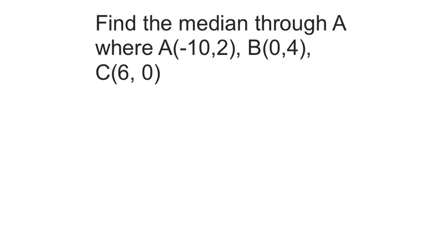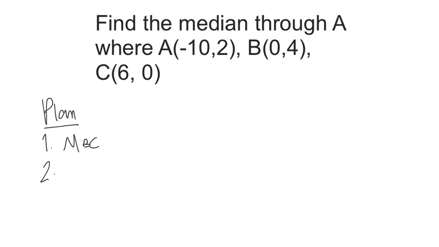So reading through this, I'm asked to find the median through A, and these are the 3 points of my triangle. Once again, I'm going to write a plan, and it'll go something like this. Step 1, find the midpoint of BC.